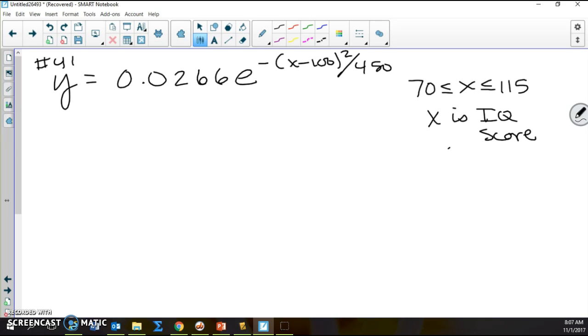When we're looking for the average of something in a Gaussian model, we're looking for that maximum value, and in this case the IQ score being the X value. So let's go ahead, stop here, get your graphing calculators out, put this in, pay close attention to your Y values, but of course set your domain for 70 to 115.